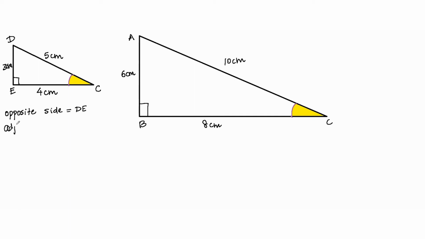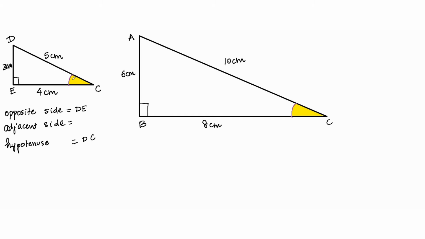The side which is adjacent to angle C, adjacent means neighboring or beside. So don't consider DC as the adjacent side because that is always the hypotenuse. Don't consider hypotenuse as either the opposite or the adjacent side. So hypotenuse will remain DC.